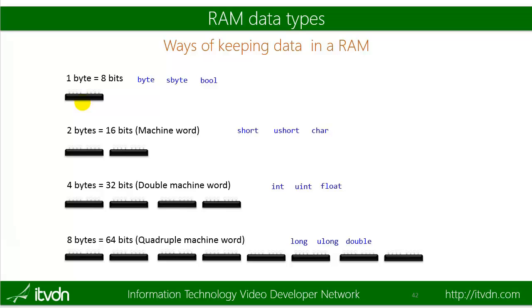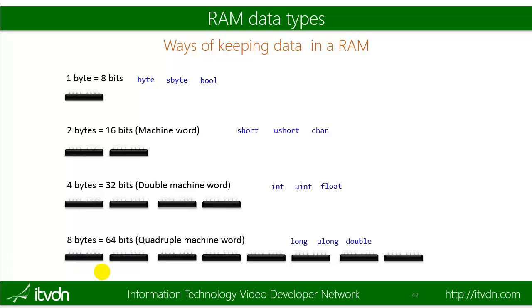So if you want to allocate not a very big number, you can use byte. If it's a little bit bigger, like 1,000 or 500, you can use short. If you need numbers in millions, then you can use int. And if you need more space, you can use 8 bytes. So remember again, the computer does not have 3 bytes, 5 bytes, 7 bytes. It just has 1 byte, 2 bytes, 4 bytes, and 8 bytes.